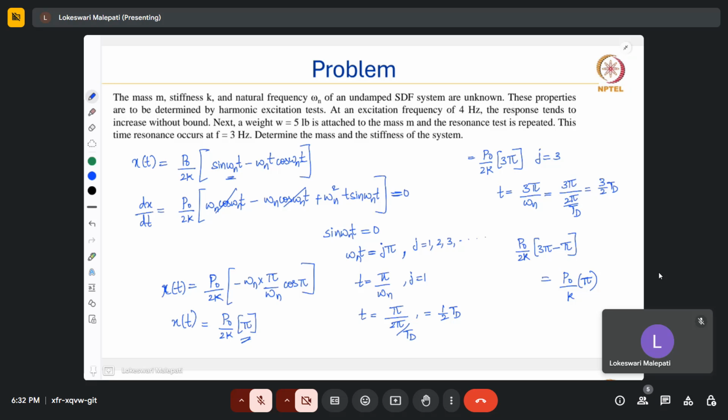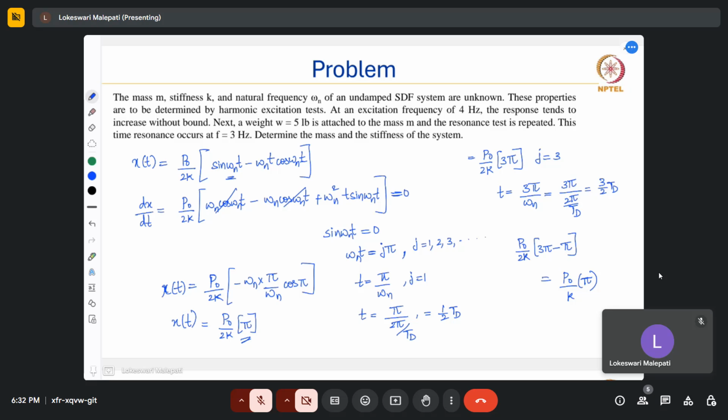Ma'am, what is UST naught? So UST naught is just the displacement value that will happen for that system when this amplitude P naught is applied.